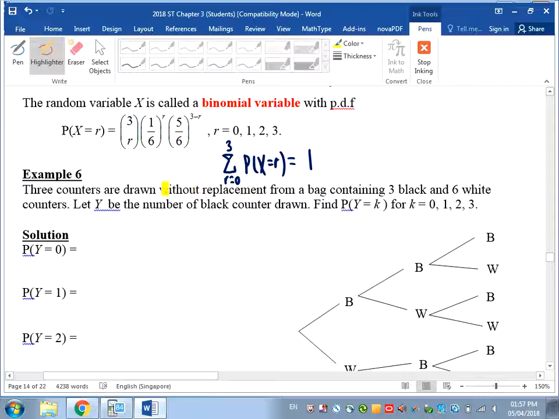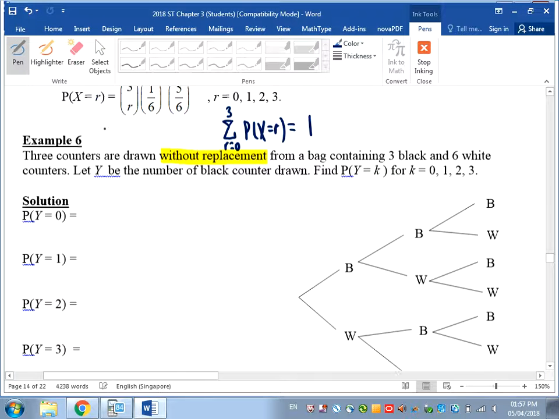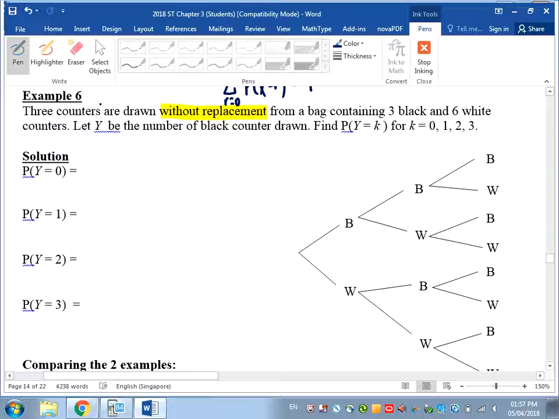So help me to highlight this. This is a very important phrasing, because you'll find that the situation is different with or without replacement.